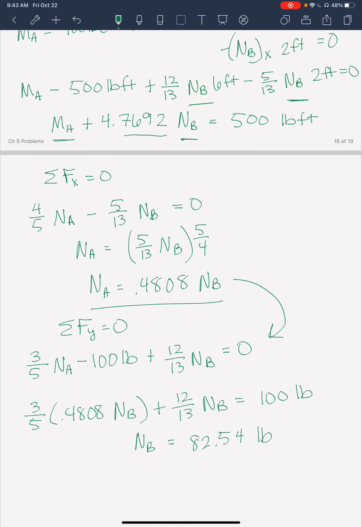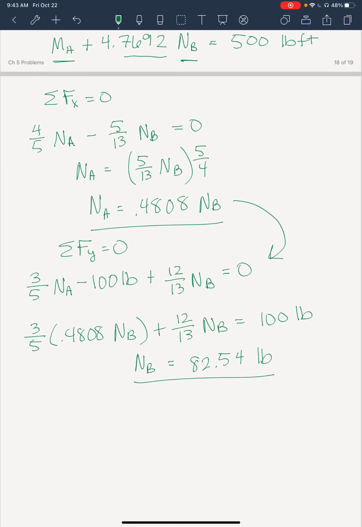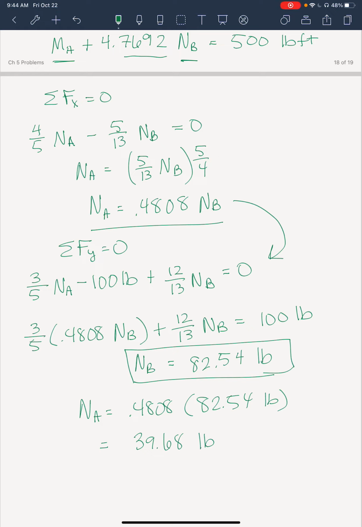That means we picked the right direction for MB, and then we can plug that into that equation for NA. So NA equals 0.4808 times 82.54 pounds. Just grabbing those numbers from my calculator so I have a more accurate answer, we get 39.68 pounds for NA.